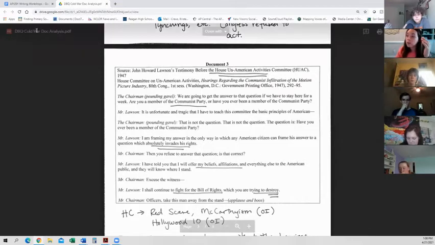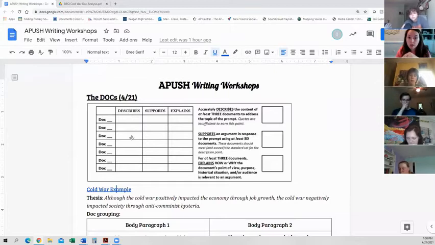And so the first point most of you will earn just by trying to get that explains point, okay? So if you're using the document in a way that uses those HIP strategies, you're providing context for the document, you are talking about the author's point of view or their purpose or the intended audience, you more than likely are still going to be describing the document, right?